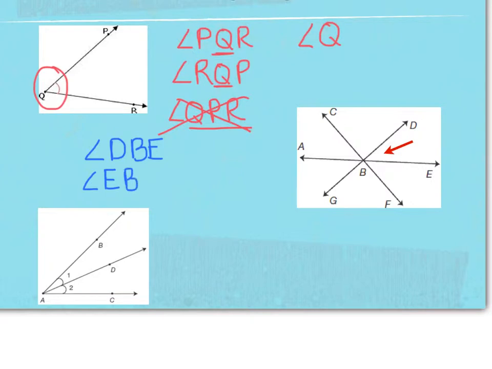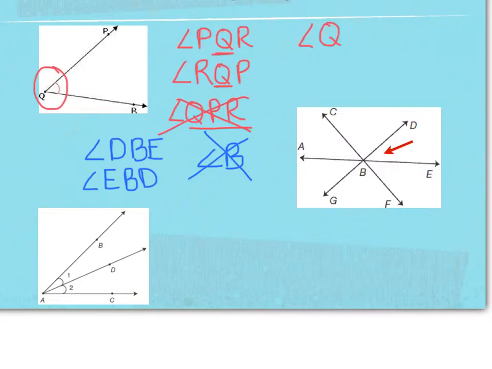So you always want the vertex, whatever letter is at the corner, to be in the middle when you're naming that angle. Good. And then again, I could not just call it angle B, because this is a more complex picture that has more than one angle. So if there's a possibility of it being multiple angles, you can't just use a single letter, you'll have to use all 3.